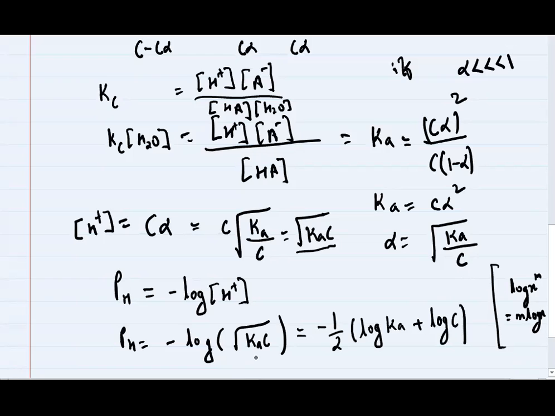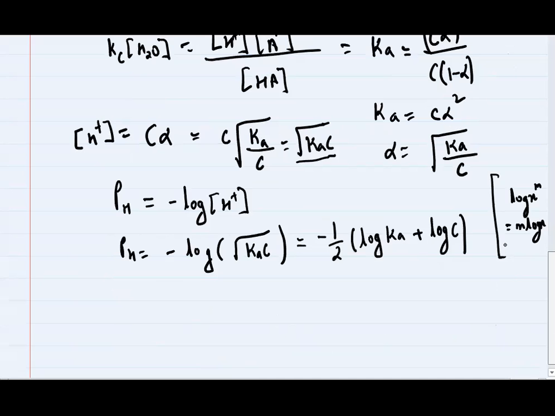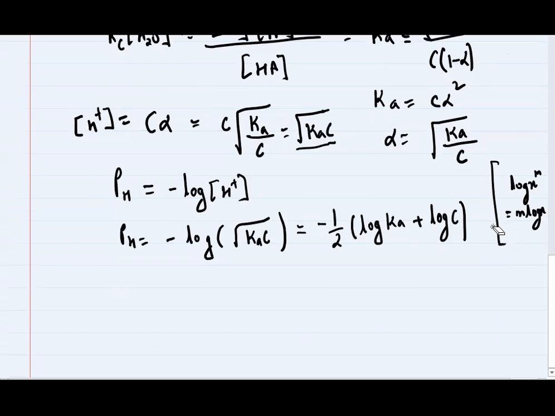Because log A into B is equal to log A plus log B. This is also one property. Bio students, everyone remember, right? So we use two properties over here. First property, log x to the power n is equal to n log x.